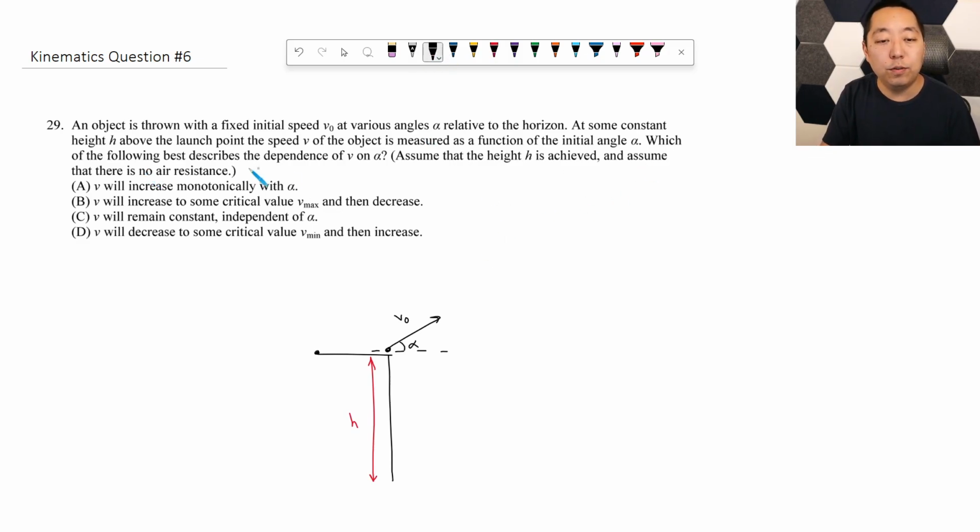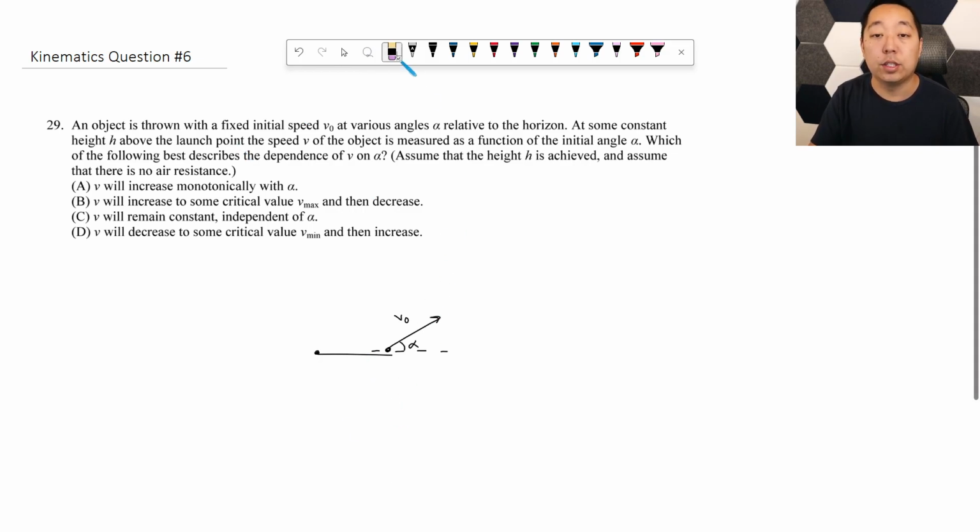Which of the following best describes the dependence on v and alpha? Sorry, my bad, I butchered this question.